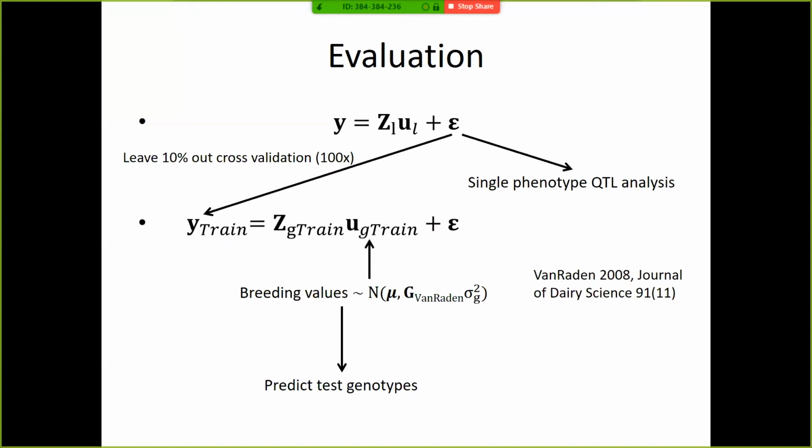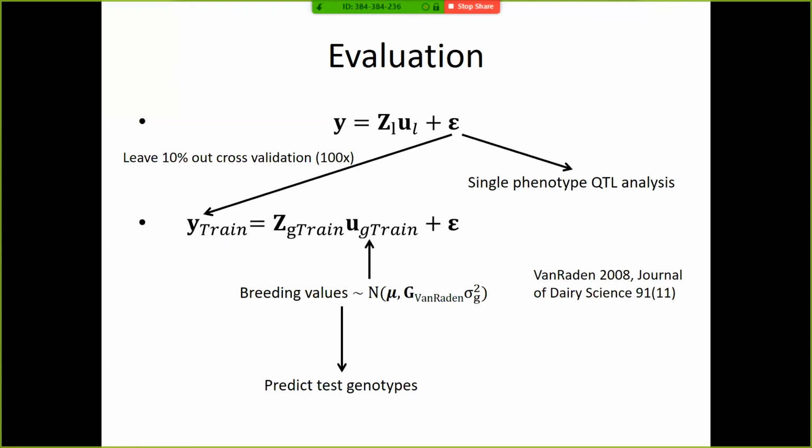And so this model is essentially another mixed model where, similarly to how we had that spatial covariance matrix, we now just have the genetic covariance matrix as explained by Van Raden. And then we predict the test genotypes with the parameters estimated from that model.